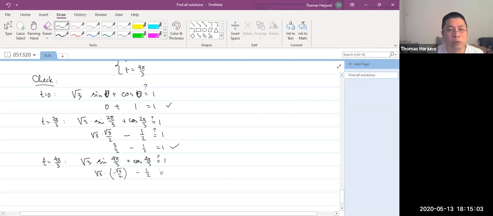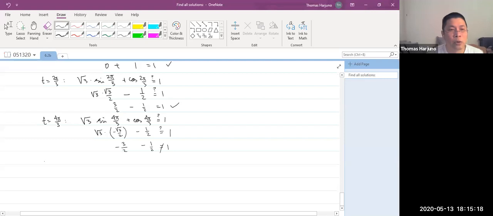I don't think so. So this is negative 3 halves minus 1 half. That's not equal to 1. That's negative 2 actually. Okay, so then I summarize. So t equals 0, t equals 2 pi over 3.